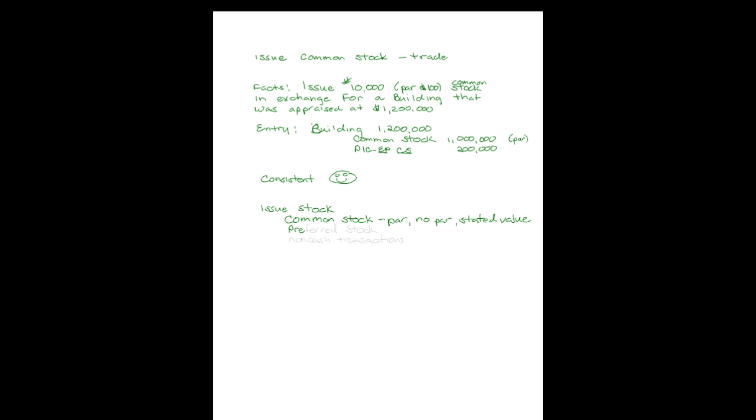And then we looked at preferred stock and found it was just the same thing, only the initials changed. And then we also worked in a non-cash transaction, so you could see the consistency between different methods of recording between sole proprietors, partners, and corporations. When you acquire an asset, you acquire it at the fair market value of what you gave up.